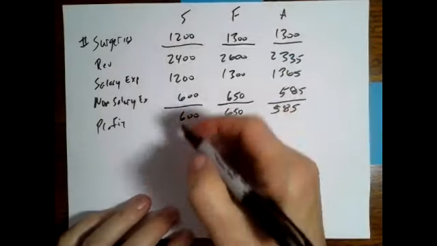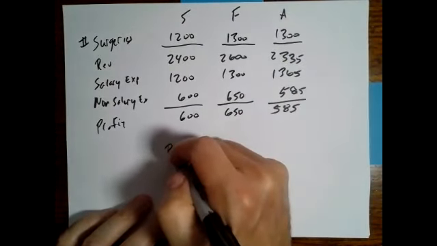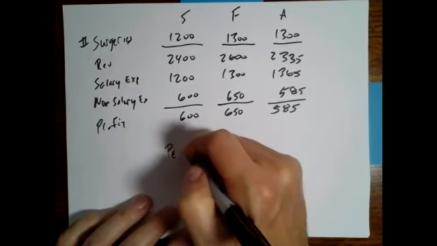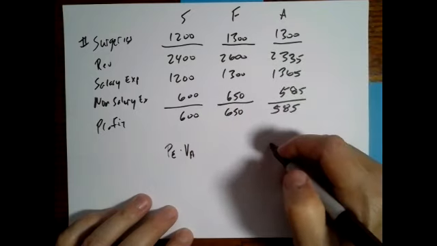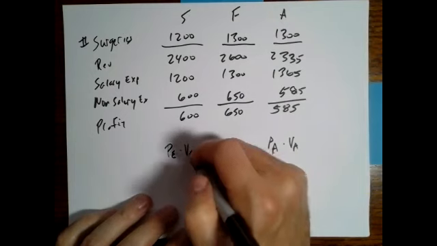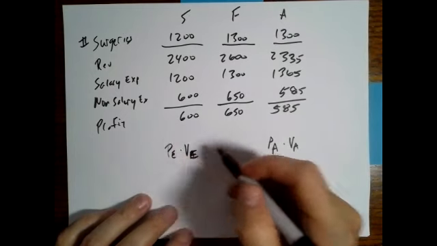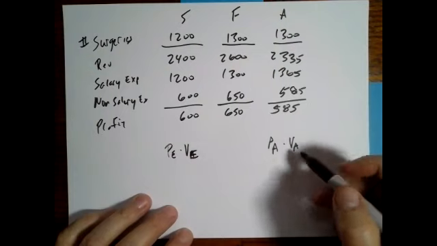Well, remember, static is our price expected times our volume expected. Actual is our price actual times our volume actual.